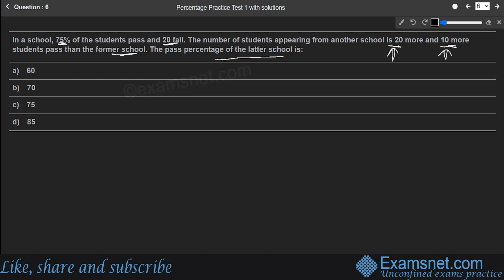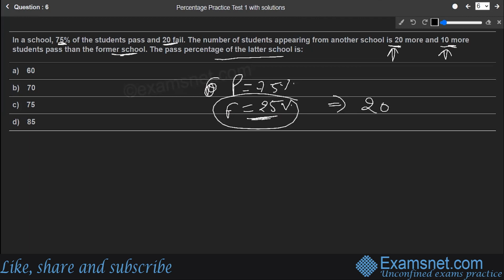The first thing he says is 75% of the students pass and 20 fail. If the pass percent is 75%, the fail percent is going to be 25%. So this 25% is actually 20 in number.